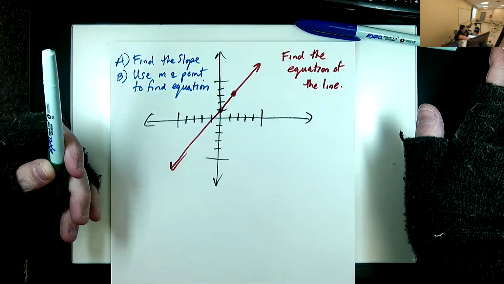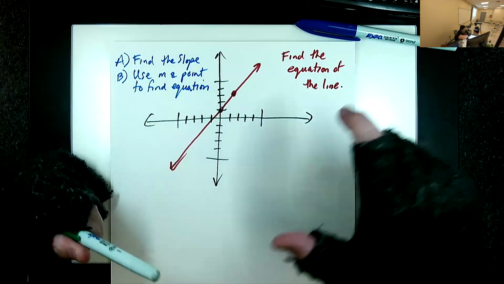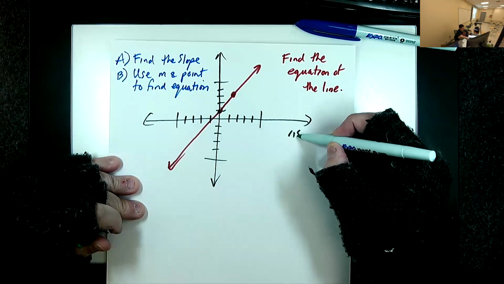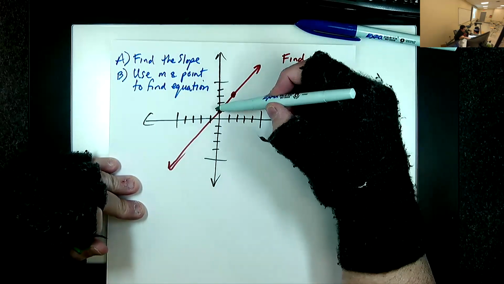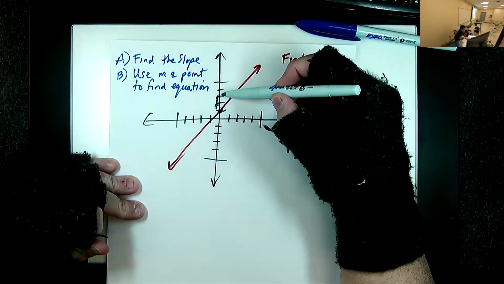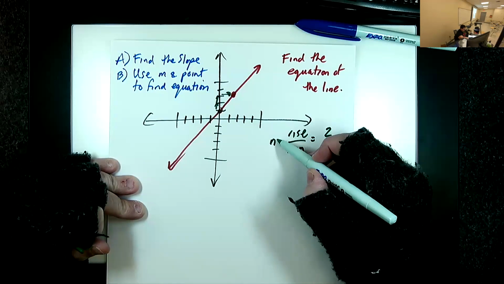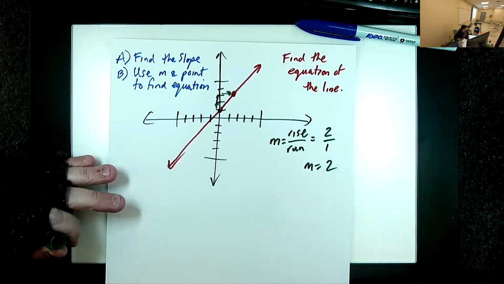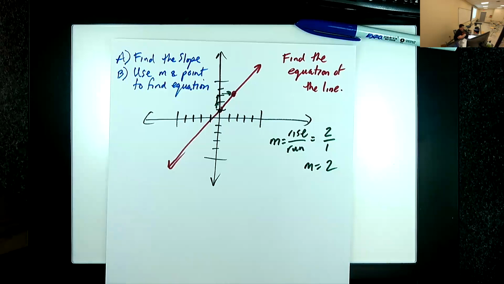Now there's a couple ways of going about finding the slope. One, we could just look at rise over run. Rise over run is up 2 and right 1, so m should be 2. Now, I'm not always confident of that.